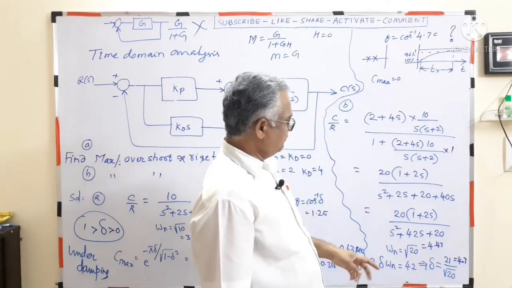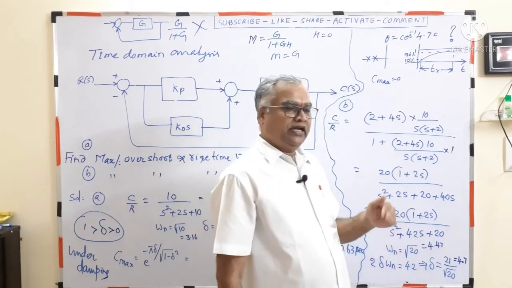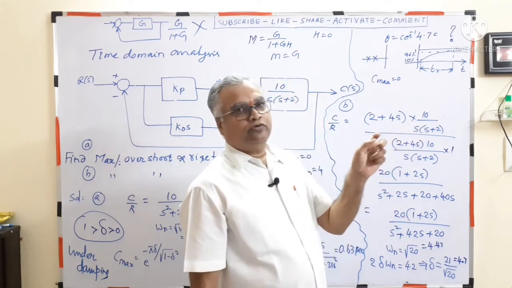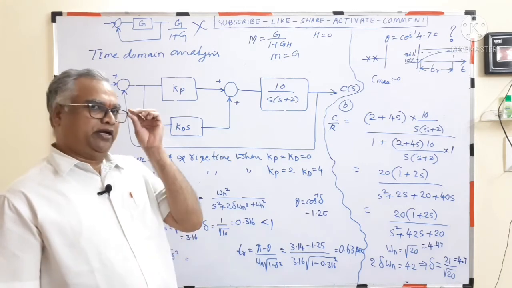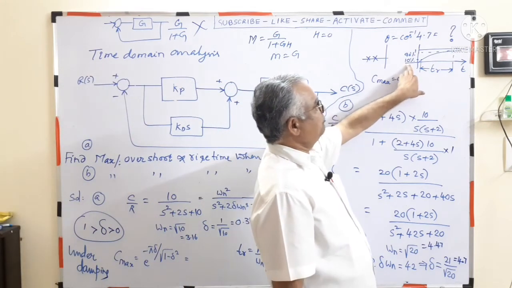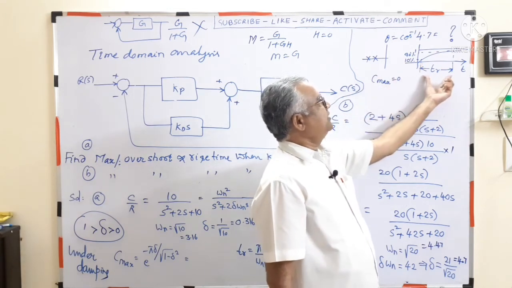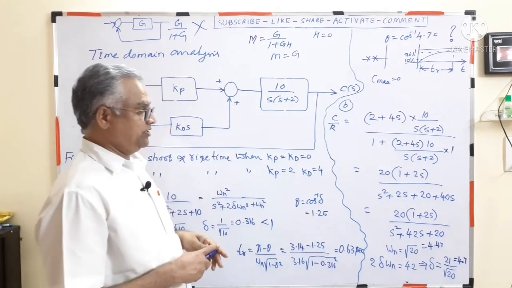This will take a lot of time. You have to find the inverse Laplace of this, then equate it to 90% of final, that is 0.9, and see how much time it is taking. Equate to 0.1, again find the time, and this minus this is the rise time. So that's how you have to do it.